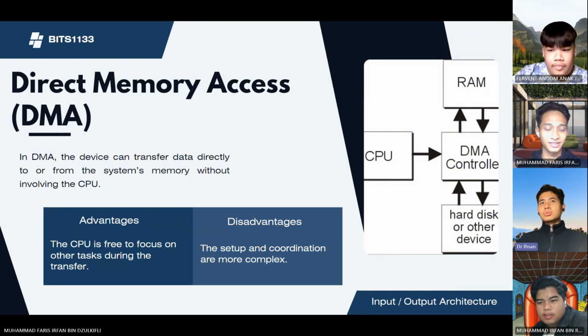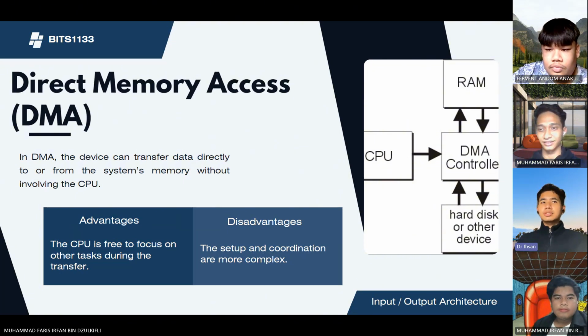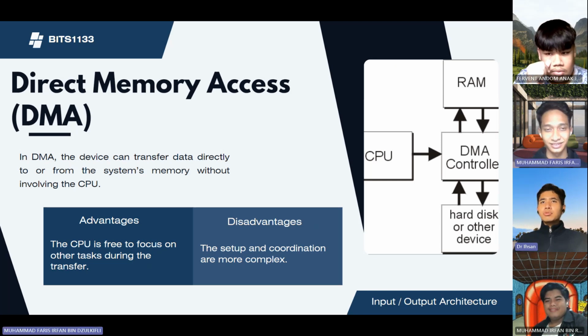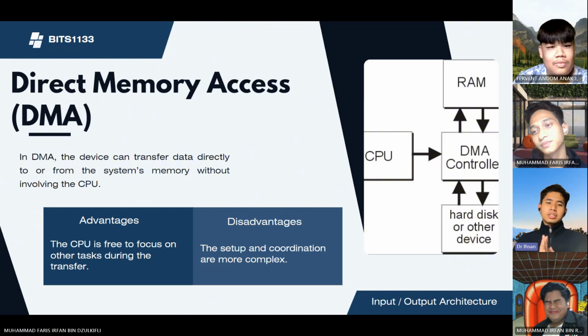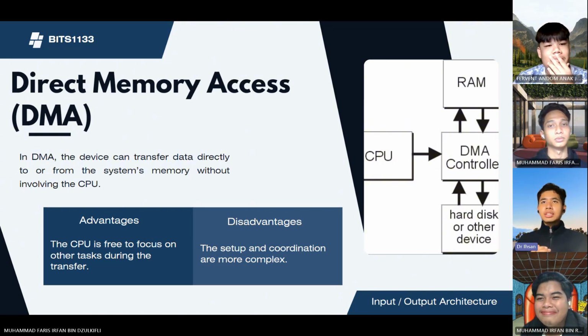So, let's talk about direct memory access, aka DMA. Normally, when transferring data between memory and a device, the CPU is involved in the process. However, with DMA, devices can transfer data directly to or from system memory without requiring CPU intervention.